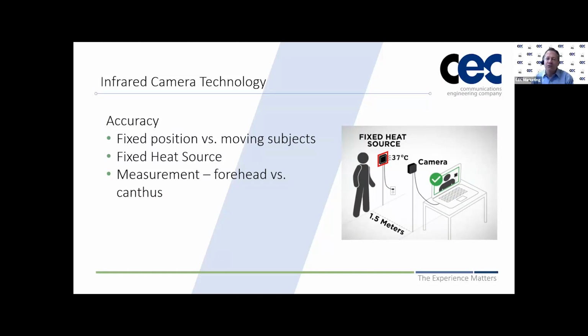The other thing that you'll find quite frequently, but isn't brought up a lot, is that often, to get the accuracy that some of these devices are claiming, you need to add a fixed heat source. That fixed heat source is also called a black body emitter.